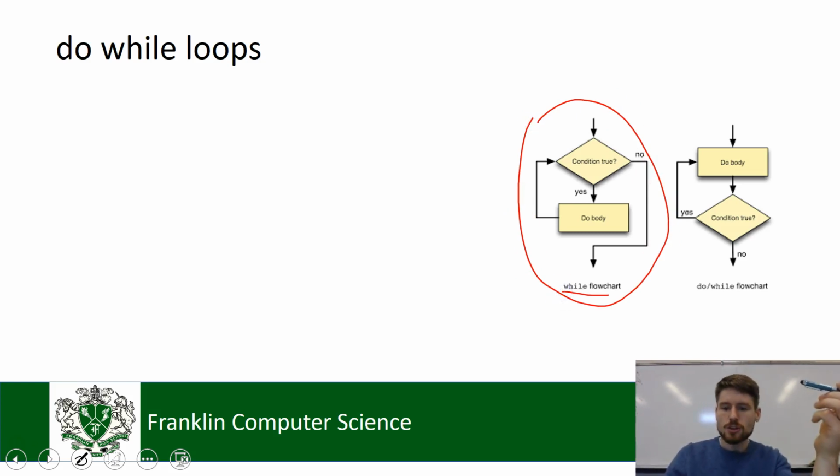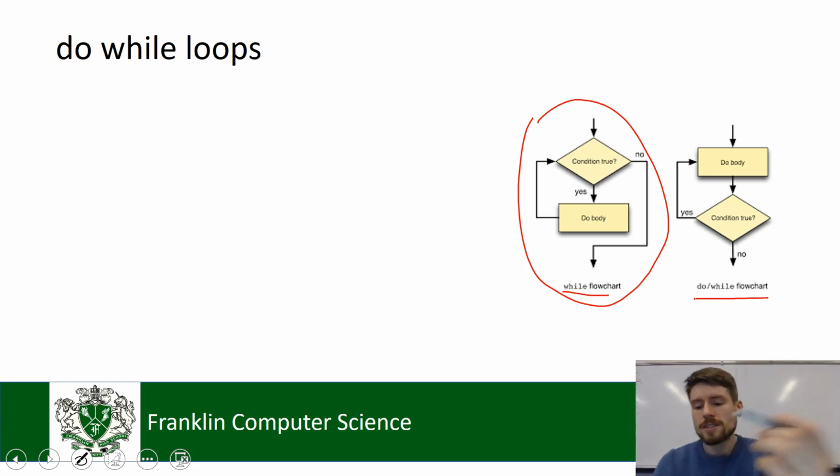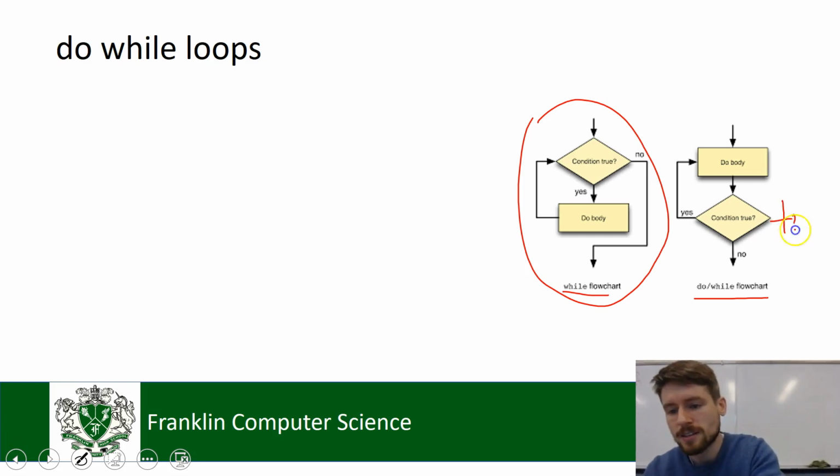You test if it's true, and if the condition is true, you loop, and when the condition's false, you exit the loop. In the do while loop, you reverse the order, so instead you always do the code the first time, and then you just redo the code. You go back up to the top if the condition is true. So you put the test at the end instead of the test at the beginning.